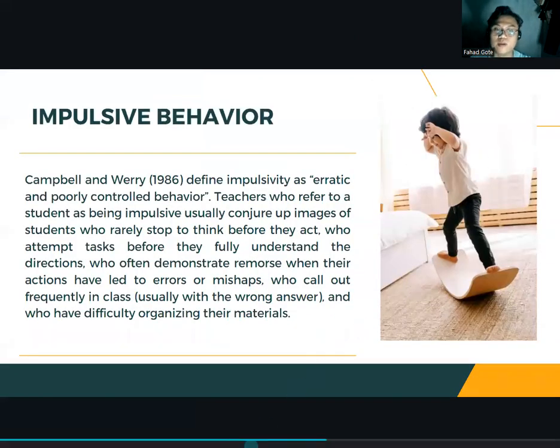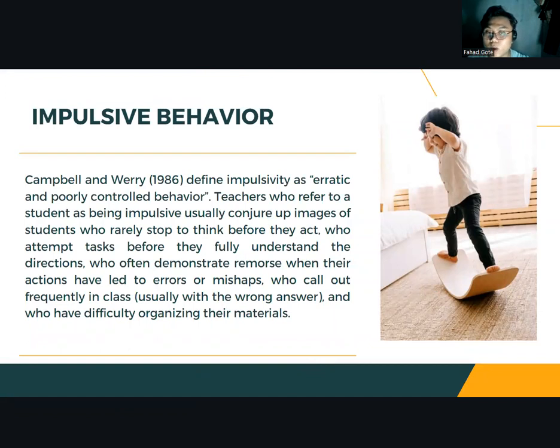Impulsive behavior. Campbell and Ferry, 1986, defined impulsivity as erratic and poorly controlled behavior. When teachers refer to students as being impulsive, it usually conjures up images of students who rarely stop to think before they act, who attempt tasks before they fully understand the directions, who often demonstrate remorse when their actions have led to errors or mishaps, who call out frequently in class, usually the wrong answer, and who have difficulty organizing their materials.